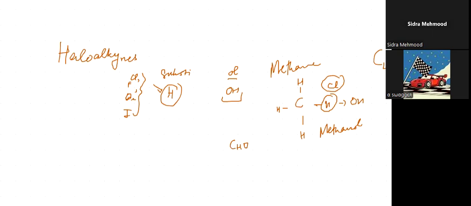So it's like butane and it becomes butanal. Butanal is one of the aldehydes. Aldehyde has this functional group, C double bond O H. We call it CHO. This is the functional group at the end.